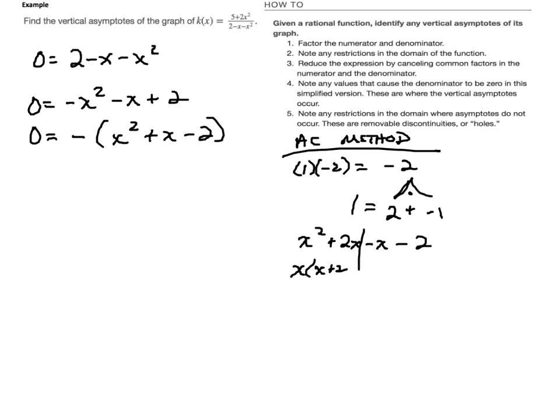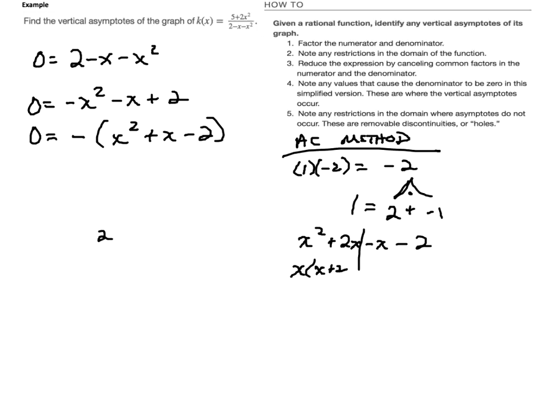So I have x plus 2 equals 0, x minus 1 equals 0. Here x is negative 2. Here x is 1. Notice I can't divide either. So if I look at my function again and write the denominator factored, the numerator is 2x squared plus 5. I cannot make that any simpler by factoring.